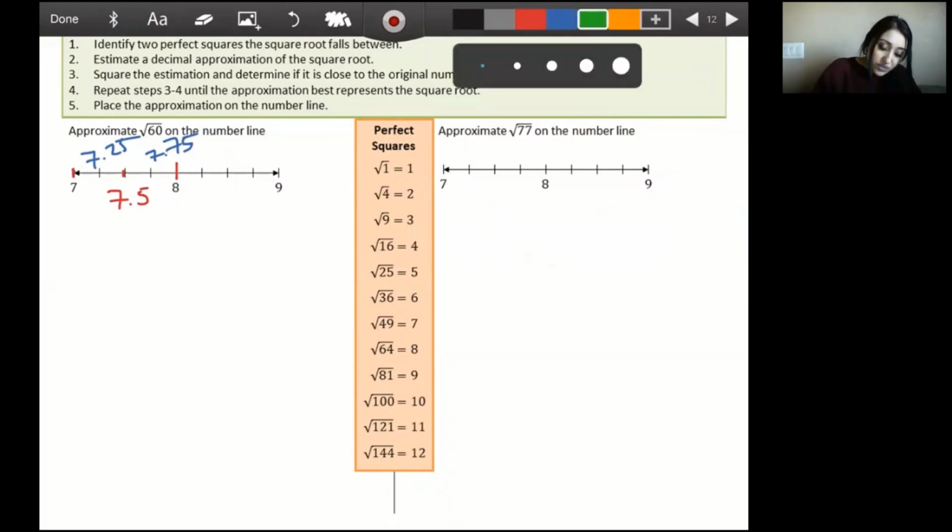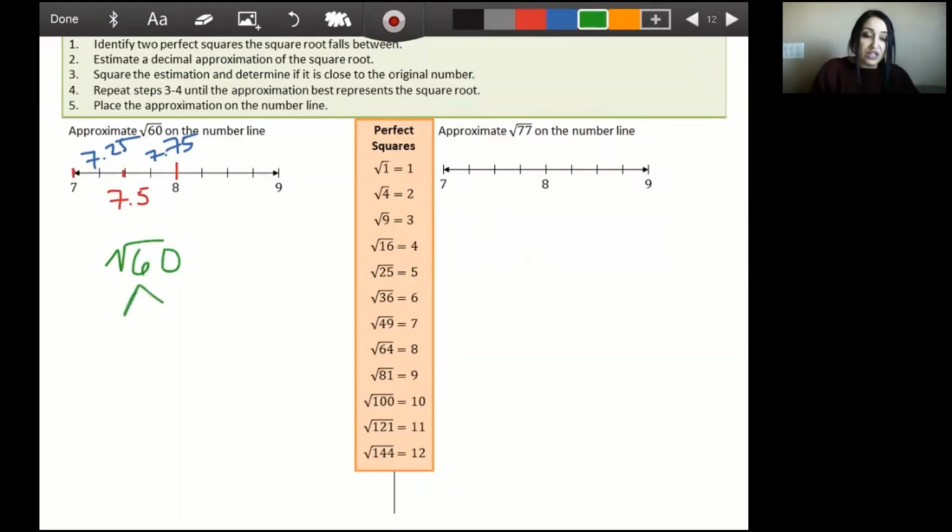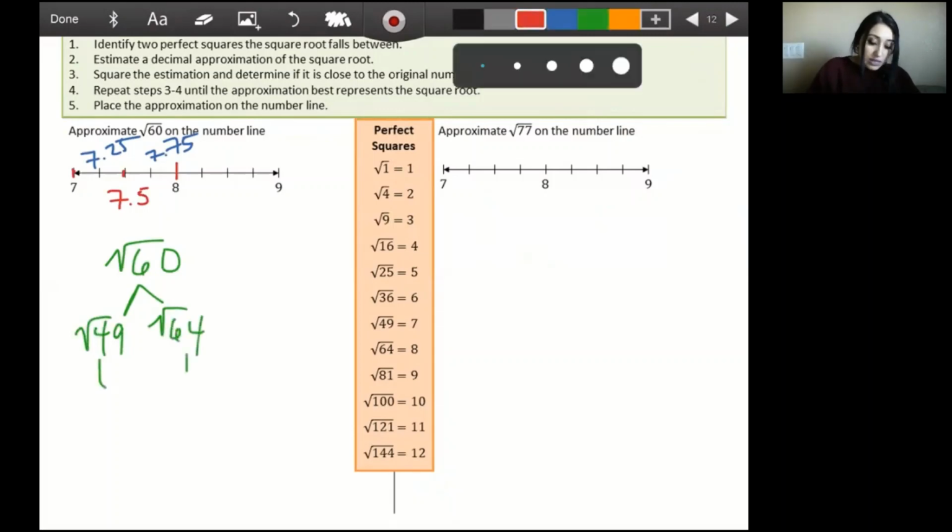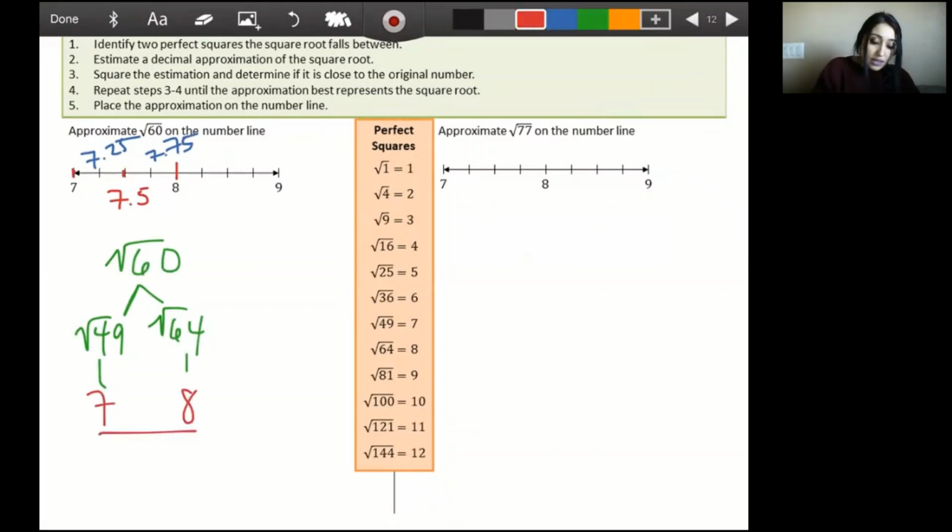So I have the square root of 60. The square root of 60 is in between 2 perfect squares. It's in between the square root of 49 and the square root of 64. So that leaves me with 7 and 8 as whole numbers. So I know that the square root of 60 has to be in between these 2 whole numbers, 7 and 8.